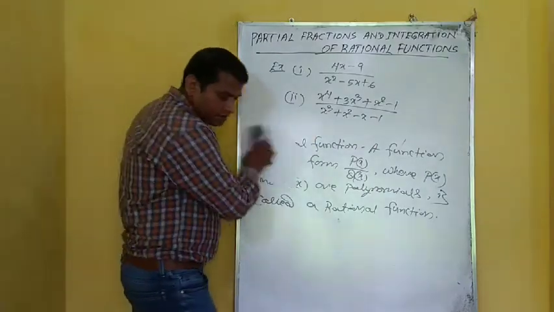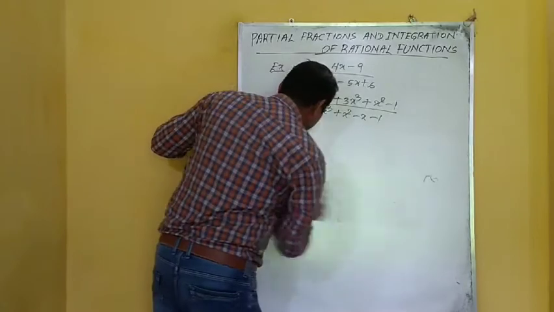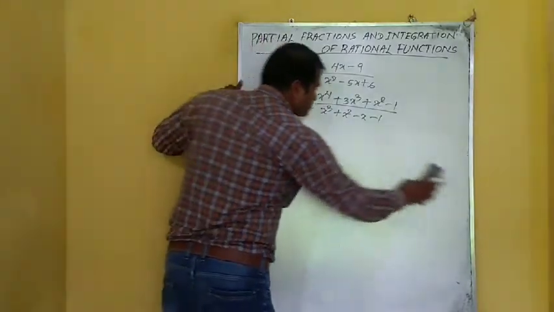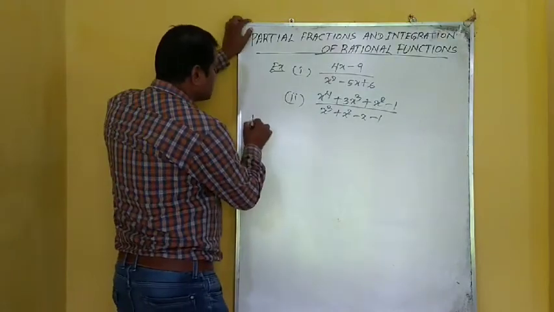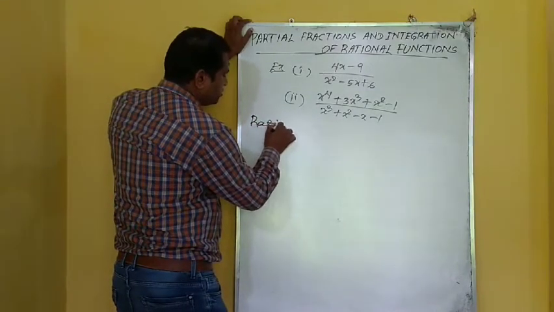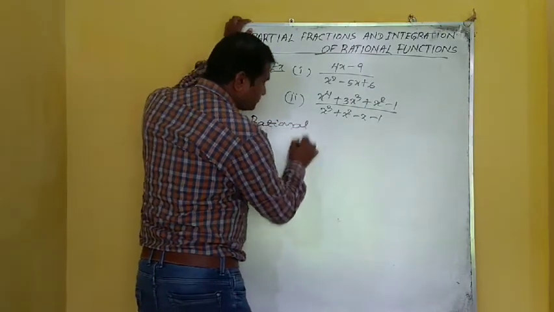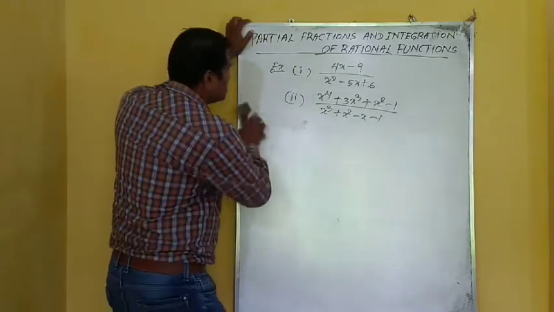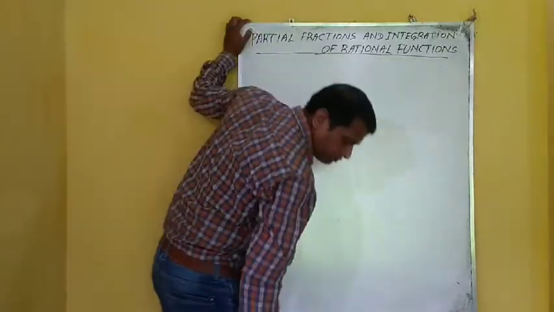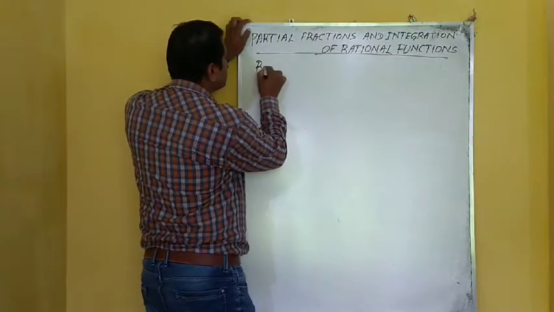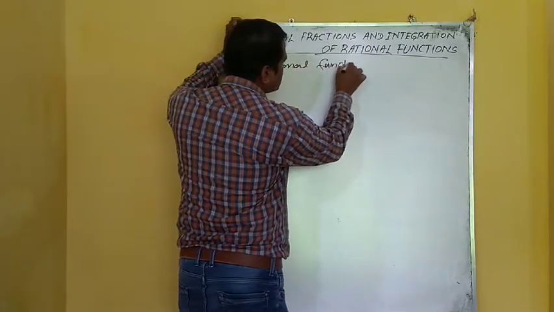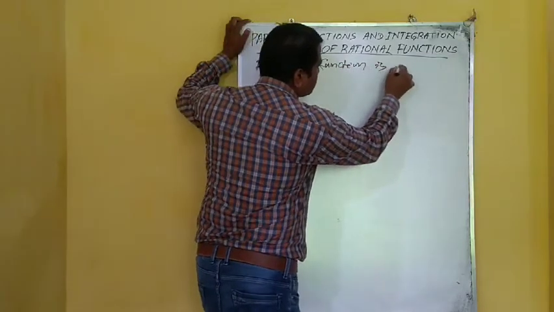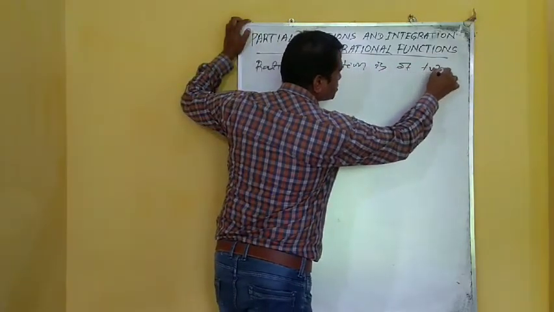Okay. Next, rational function is of two types.